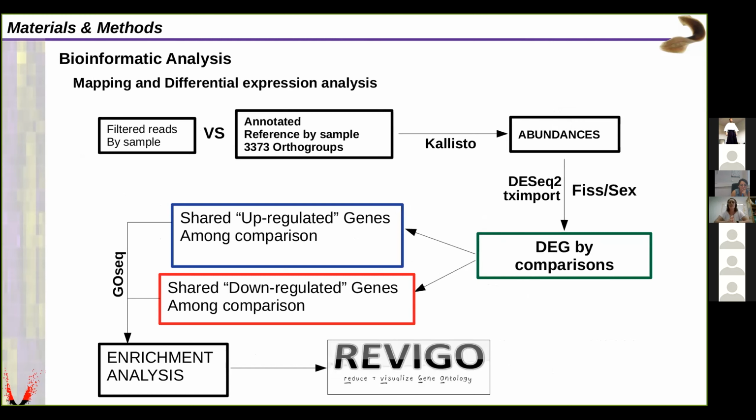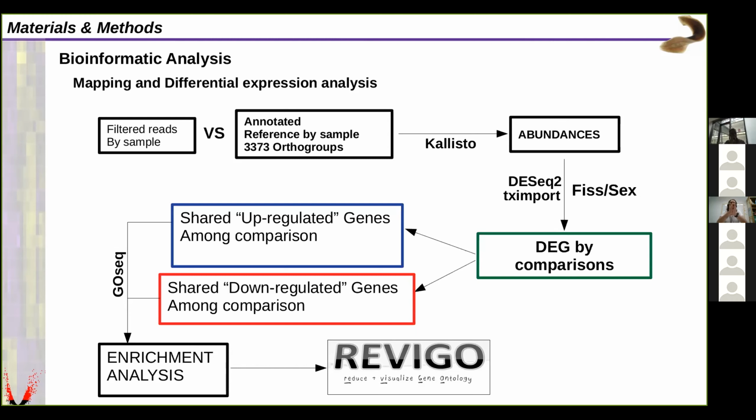The reads of every sample were mapped against the corresponding reference with Kallisto, and the abundance files were imported in DESeq2 for the differential expression analysis, using the sexual condition as the denominator of the fold change calculation.